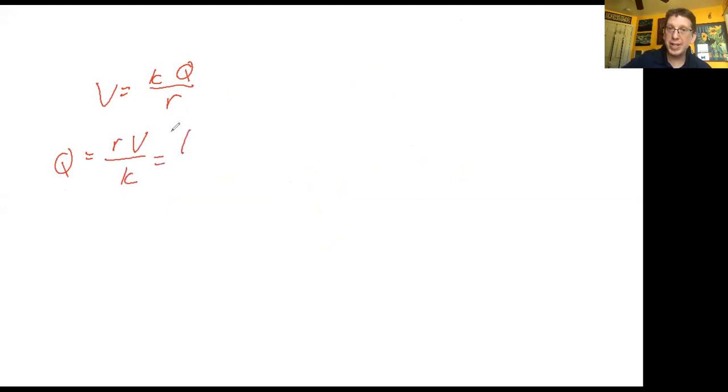So we're told R is equal to 15 centimeters. Again, Q is in coulombs. If we want to express Q in coulombs, we need to keep everything in standard SI units. So we'll write that as 0.15 meters. The voltage, and the sign matters, is positive 185 volts.